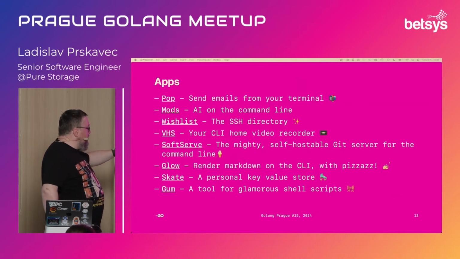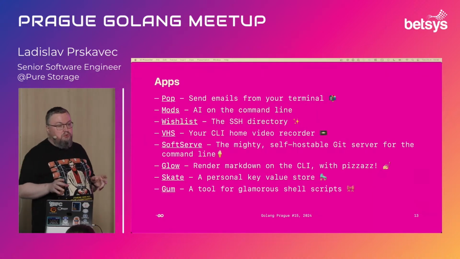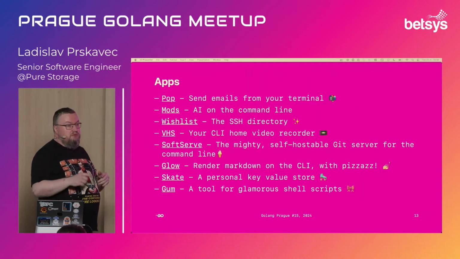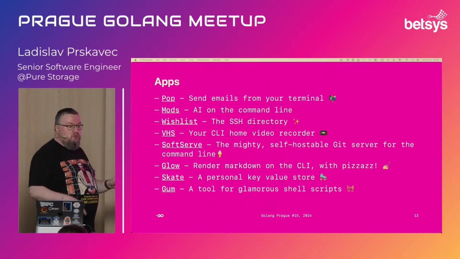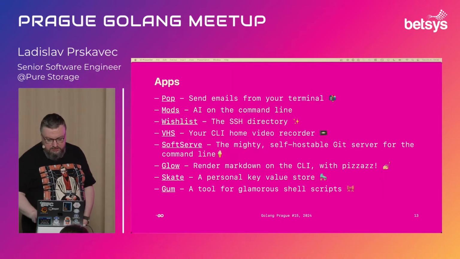There is also some key store, and Gum is very nice if you want this kind of UI that I will show you in your Bash application. Gum is a wrapper similar to fzf, and you can use it with your normal Bash application and make your outputs nicer without programming Go for the simplest things.